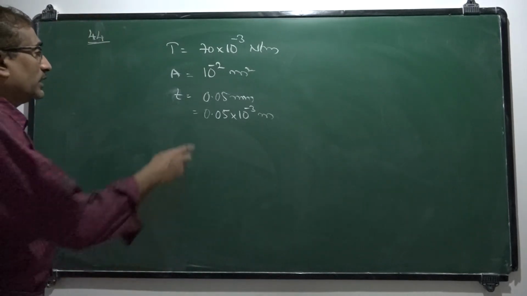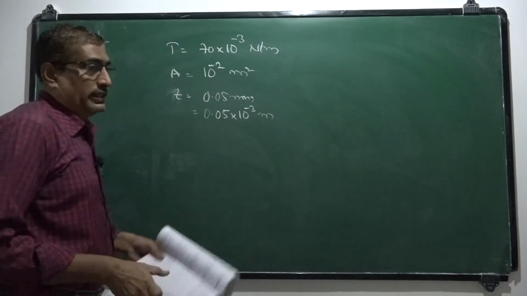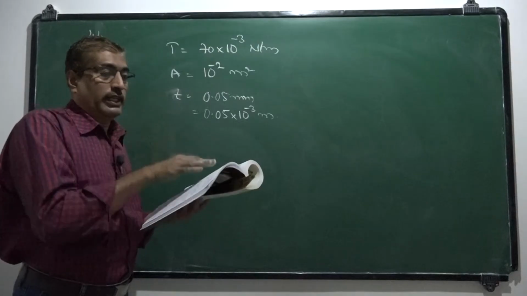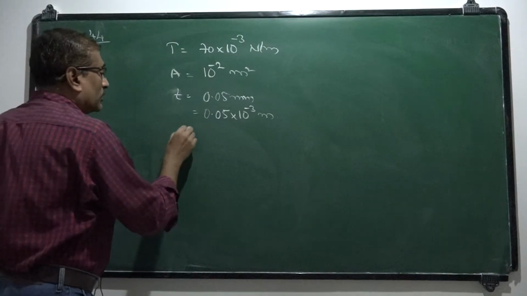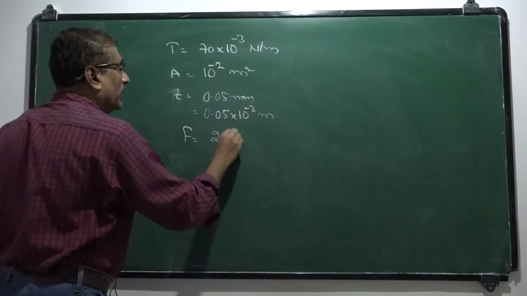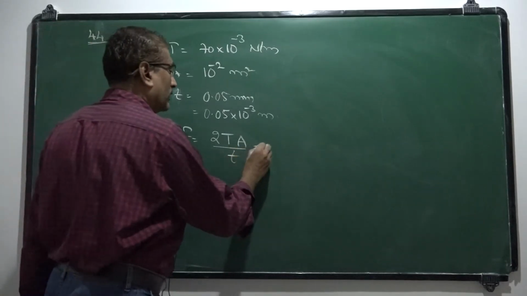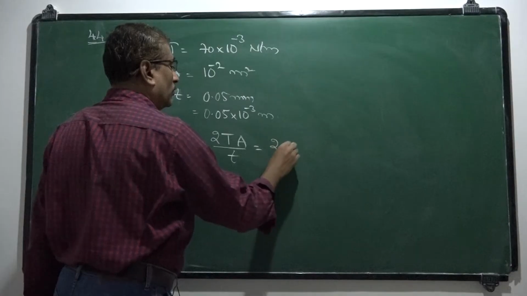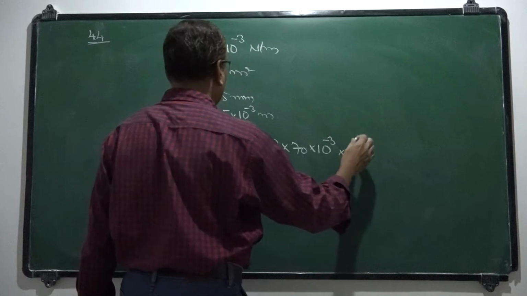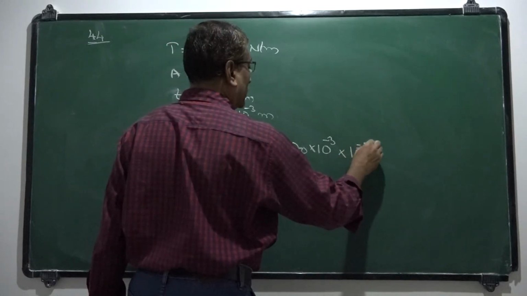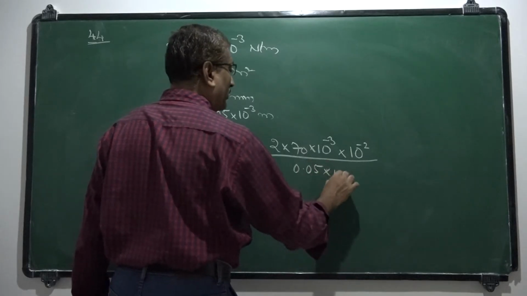Now the force required to separate these two plates. That means two plates are connected by this film of liquid of surface tension T. So the force required is given by 2TA by thickness t. Now from this we have to calculate: 2 into 70 into 10 power minus 3 into 10 power minus 2 by 0.05 into 10 power minus 3.